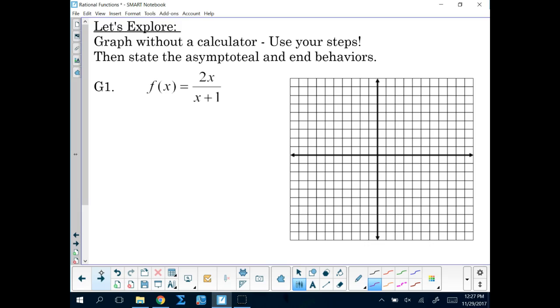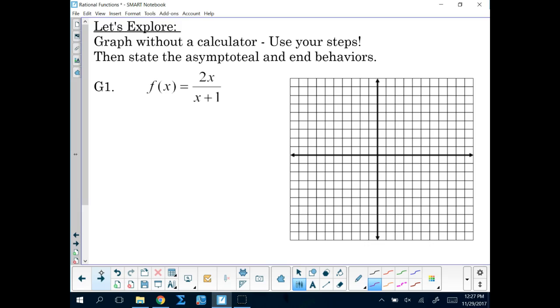So preferably have one graph by the work associated with it. So our first graph is without a calculator. And in fact, we're not going to use graphing calculators this entire chapter. So, use our steps. Then state the asymptotes, and I spelled that wrong. There should be an E in there. And end behavior. But again, I'll show you a shortcut for those.